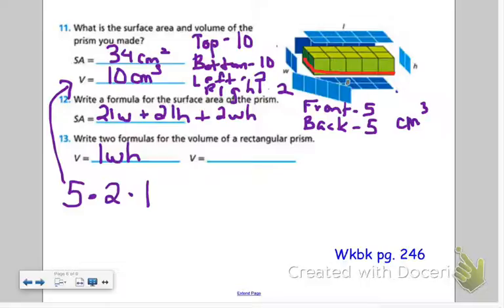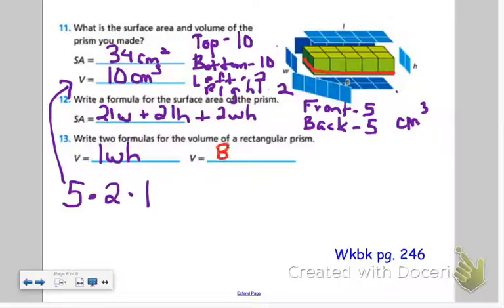That means that one layer of this prism would be 10 cubic centimeters. Well, what if I have 2 layers? What if I made this prism taller? Then I would have to do 10 times 2. What if I have 3 layers? Then I'd have to do 10 times 3. Each time I'm taking one layer, which is the area of the base, the bottom layer, and then multiplying it by the height.